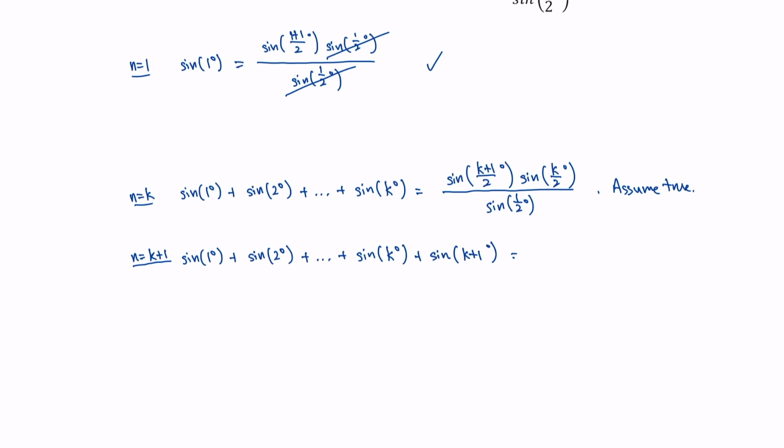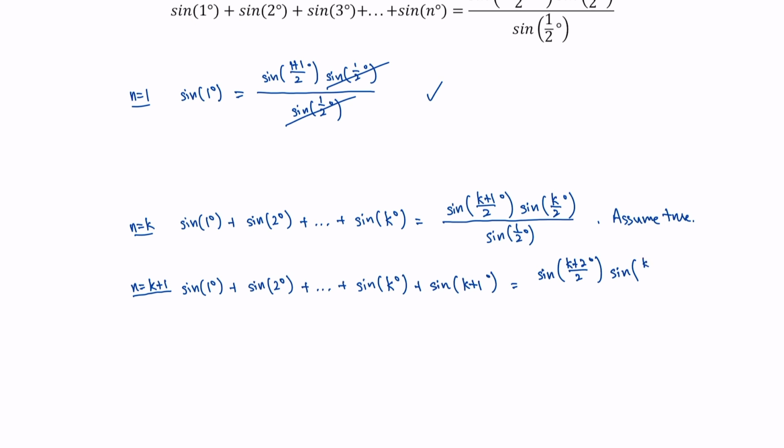And we want to prove this is equal to sine of, and then we replace the n with k plus 2. And then we'll also need to replace this n with k plus 1. And we still have sine of a half degrees. Alrighty, so we want to prove this statement to be true.